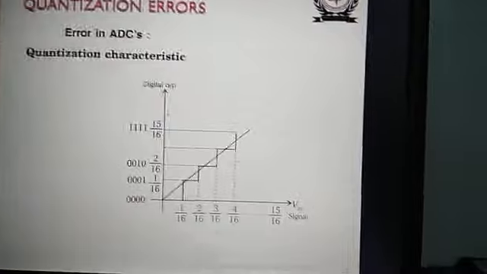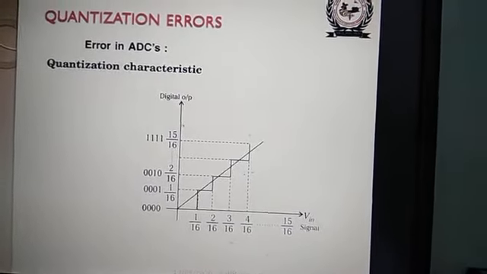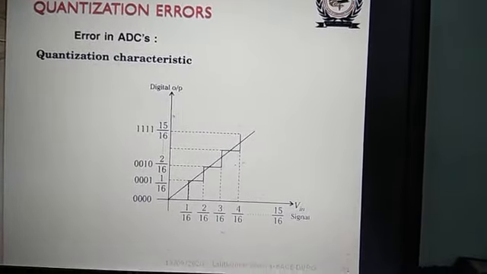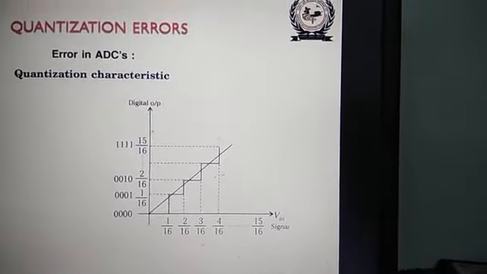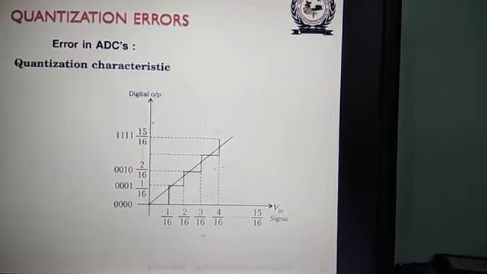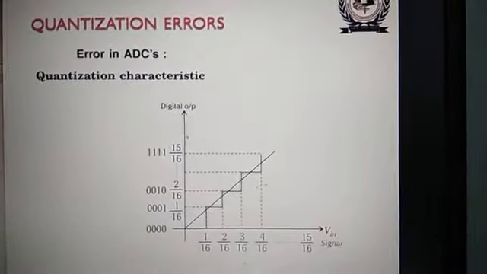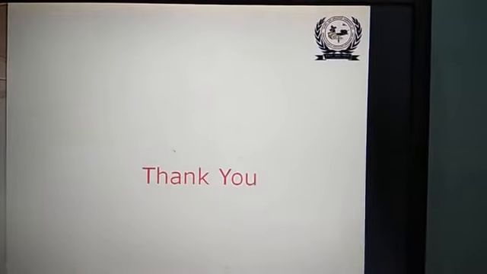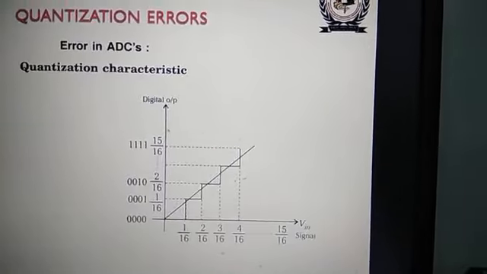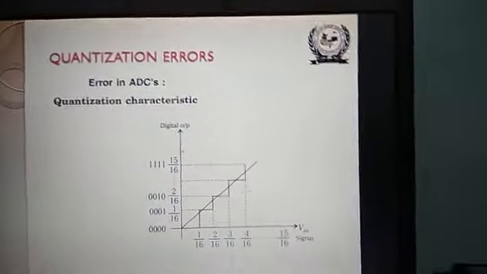In simple language, suppose the value is between 3 and 4. Above 3.5, it is quantized to 4, and below 3.5, it is quantized to 3. In a similar way, this quantization takes place, and quantization error may occur in the A to D converter, that is to be taken care of. So this is all about the D to A and A to D converters.